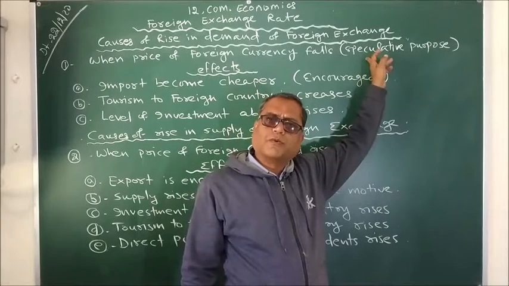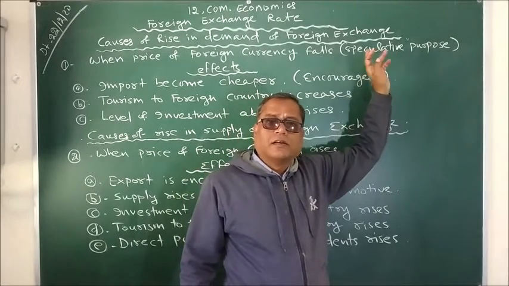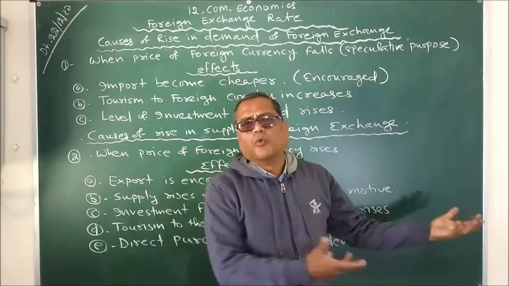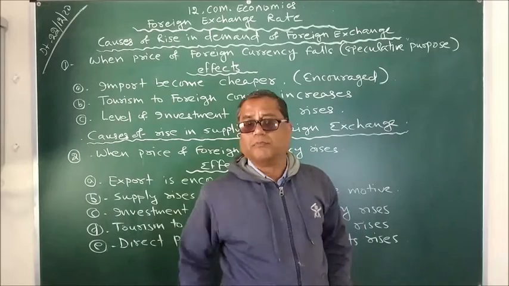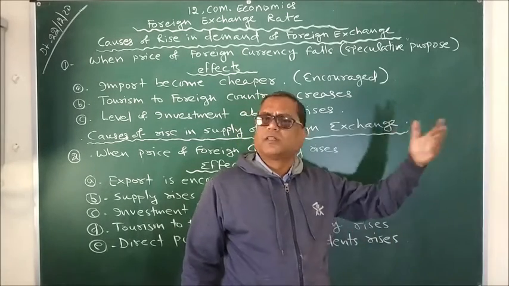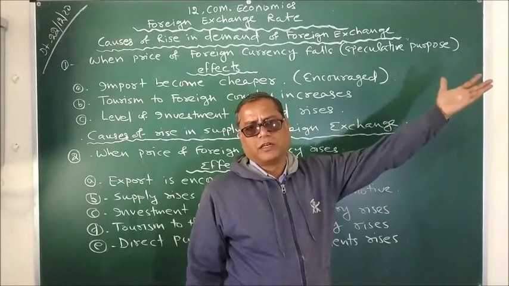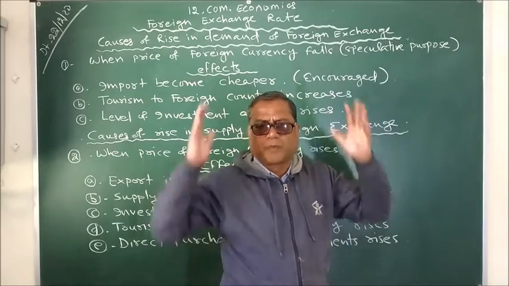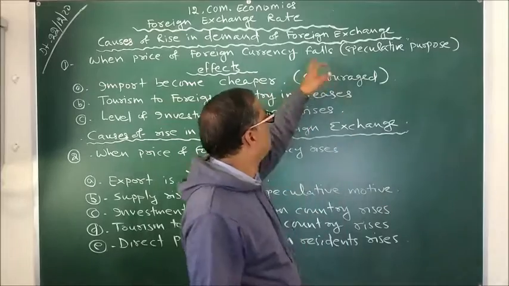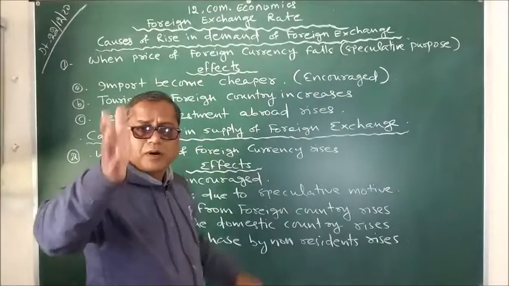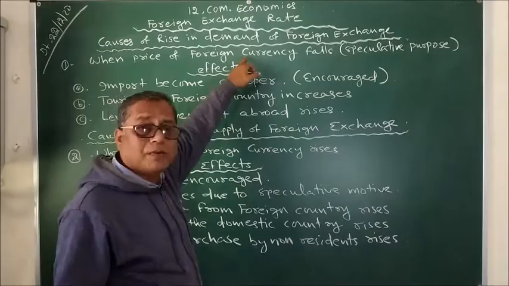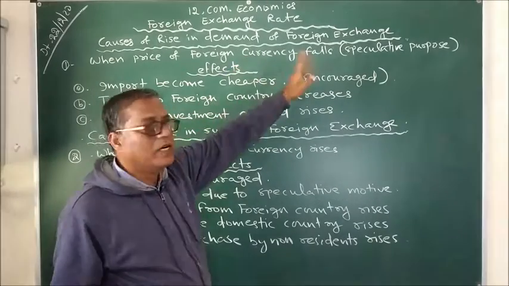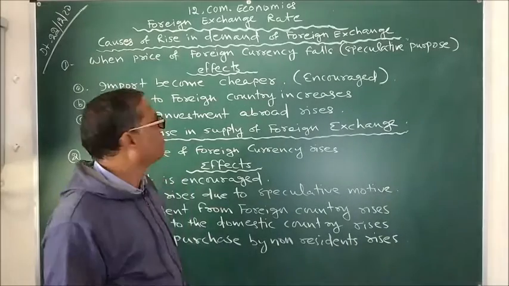People start speculating that it would be better to purchase more dollars at a lower price, because in future the price will rise and they will get some monetary benefit. So when foreign currency depreciates, the demand for foreign currency rises simply due to the speculative motive of people.